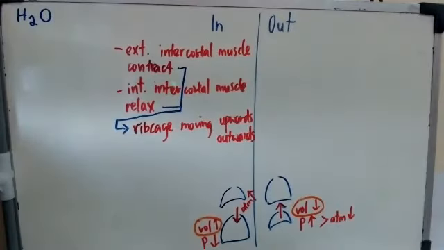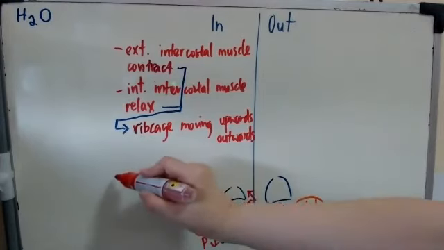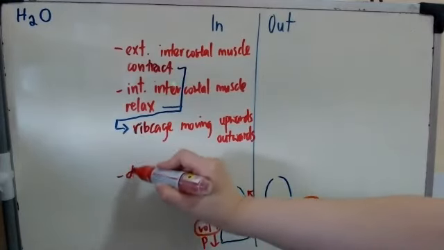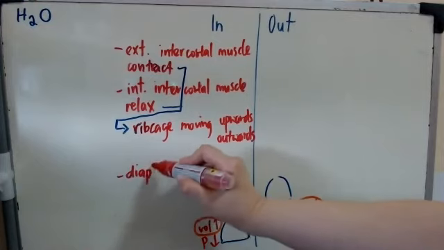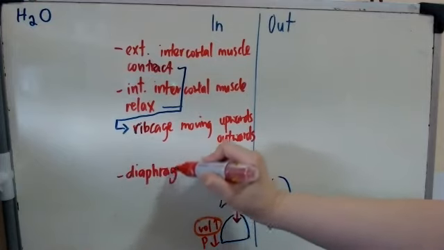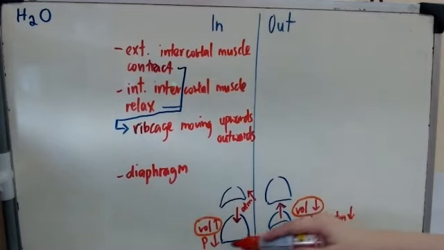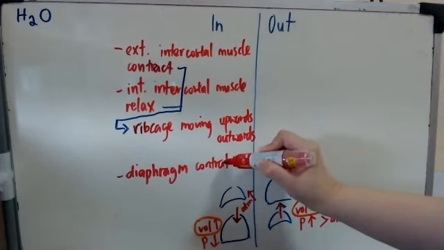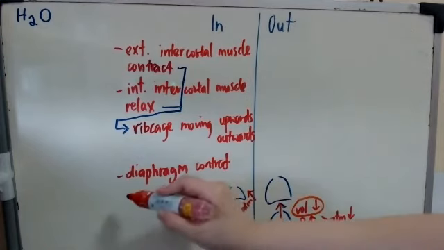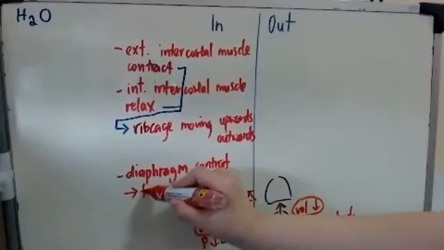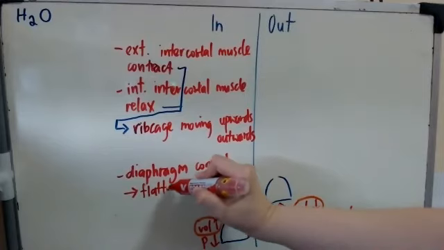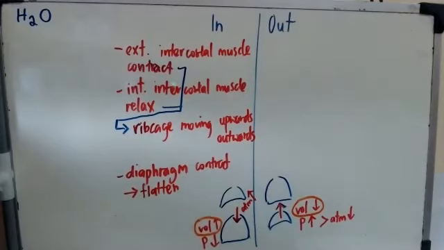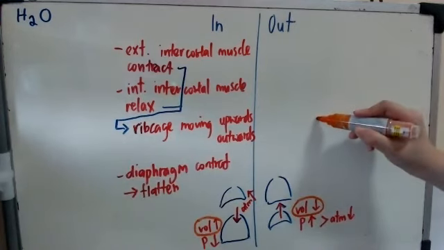At the same time, the diaphragm is also a form of muscle. Okay? The diaphragm will contract. So when the diaphragm contracts, it will cause itself to flatten. You can imagine the diaphragm as a muscle like this.